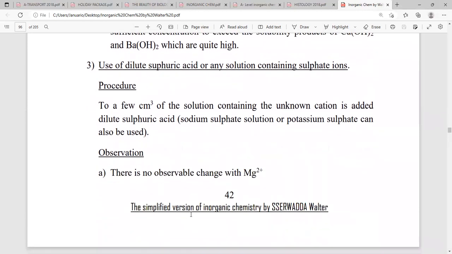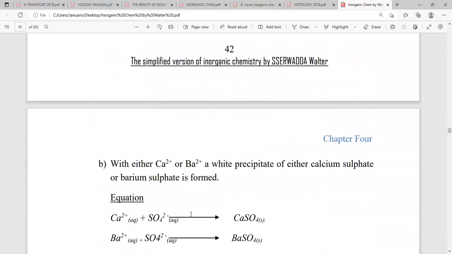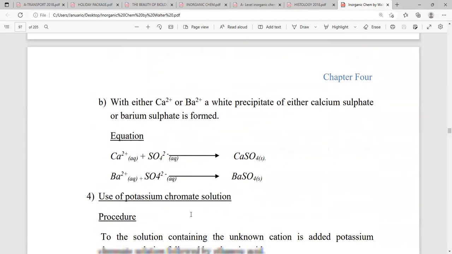Using dilute sulfuric acid, you get no observable change with magnesium ions, but with calcium and barium you get a white precipitate of calcium sulfate and barium sulfate.